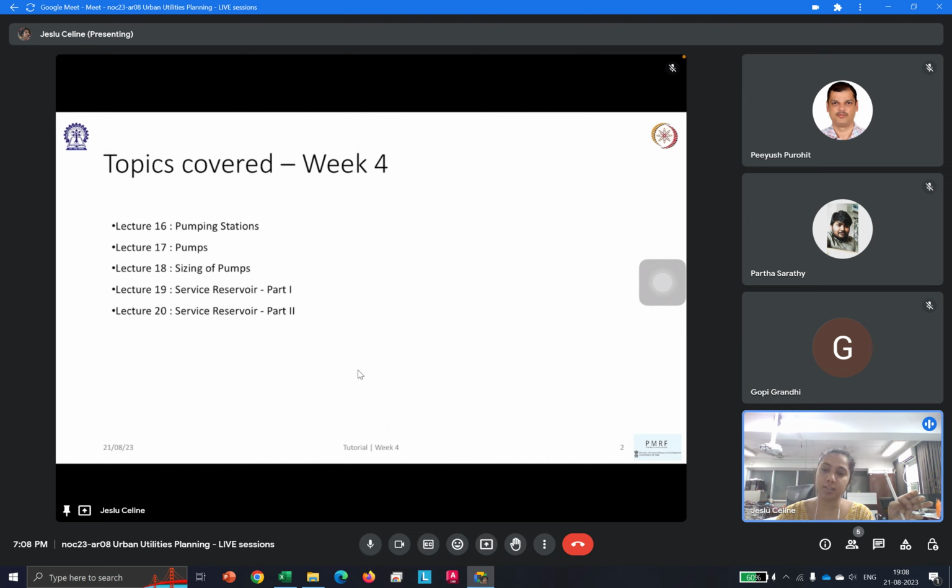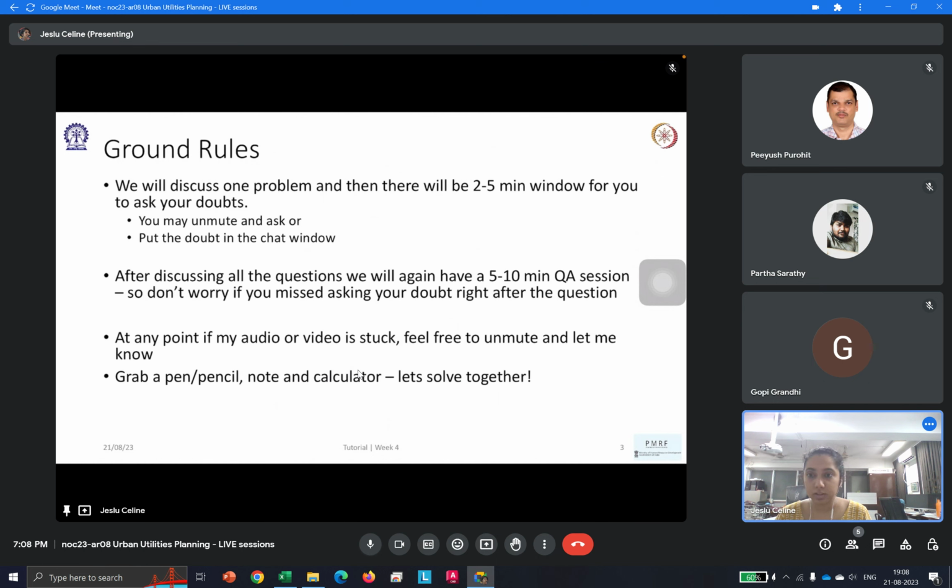These are the theory parts we discussed in the lectures. Today we will try solving certain numericals based on this. Since there are a few new participants, this is how we'll go. We will go question by question, and after each question, you can ask doubts regarding that question.